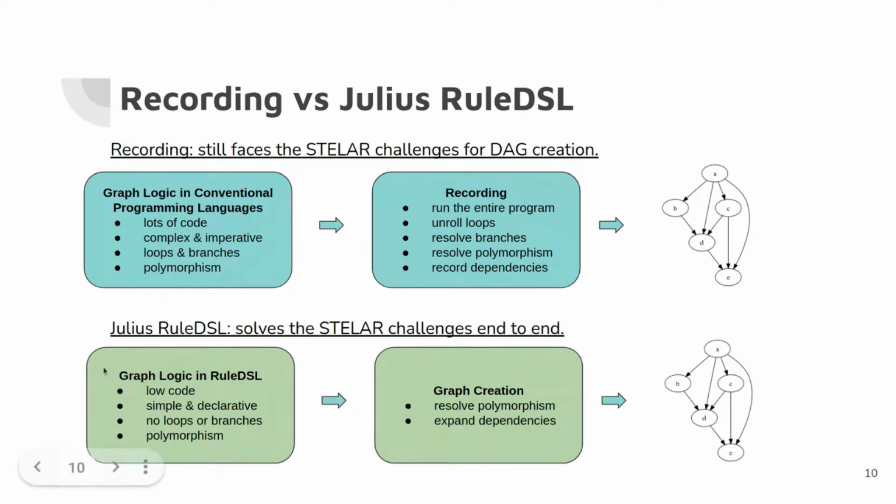So it's a much simpler set of features in the root DSL, and it makes it much easier to create a graph, because this root DSL can be directly mapped and expanded to a graph without much additional processing. Compared to the recording approach, where you have to do a lot of work to unravel your traditional programming language into graphs.